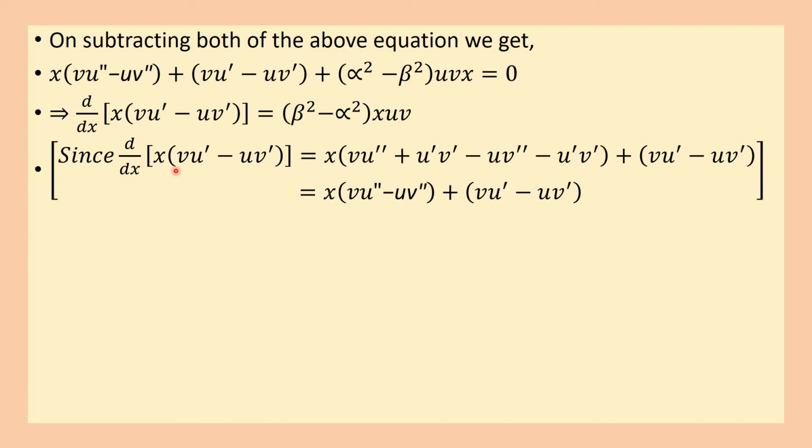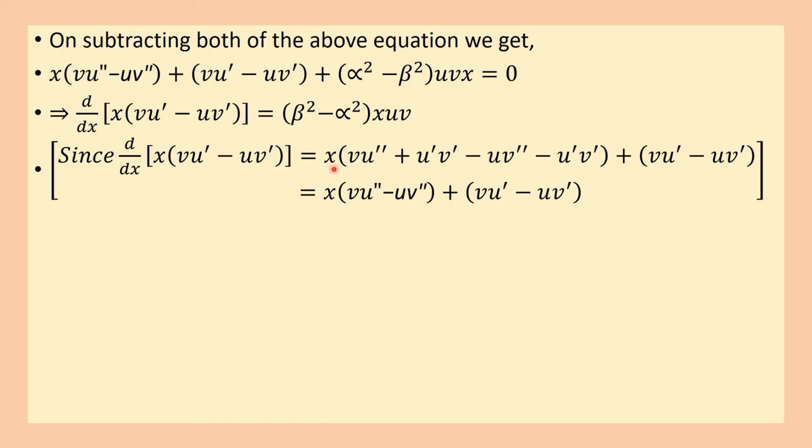Here we have to apply the product rule of differentiation, because x is the first function and (vu' minus uv') is the second function. First function, that is x, into derivative of the second, that is (vu' minus uv')'.